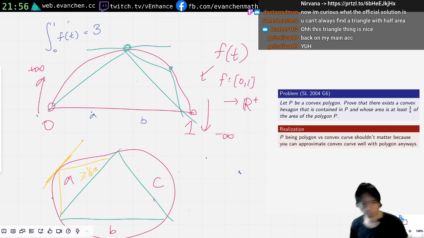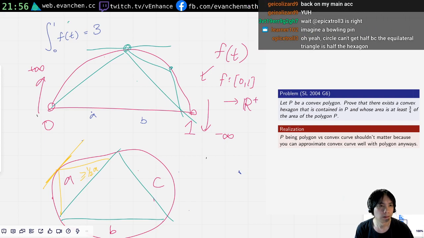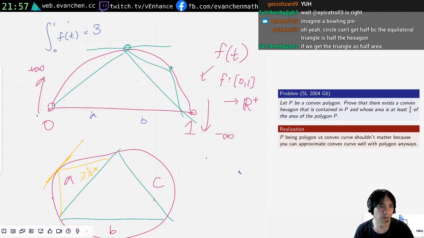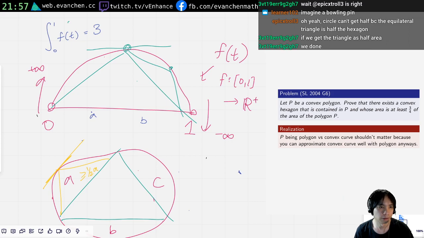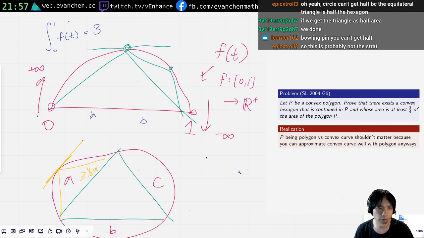Circle, because the equilateral triangle is half the hexagon. If it's a bowling pin, you can't get half.